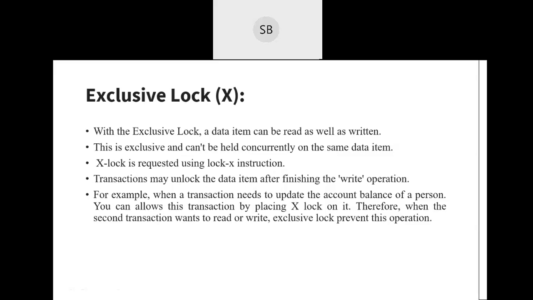Whatever changes we want to perform, we perform, and once done we release that lock. So when a transaction needs to update the account balance of a person, you can allow this transaction by placing an X lock on it. Therefore, when a second transaction wants to read and write, the exclusive lock prevents this operation.